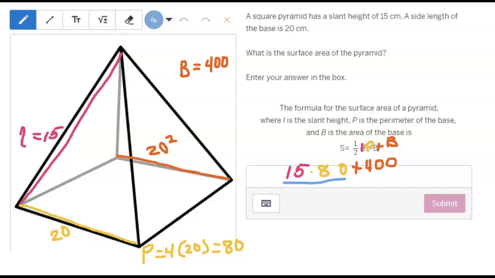Then I'm going to divide this by 2 for this part right here. And that is going to give me my surface area.